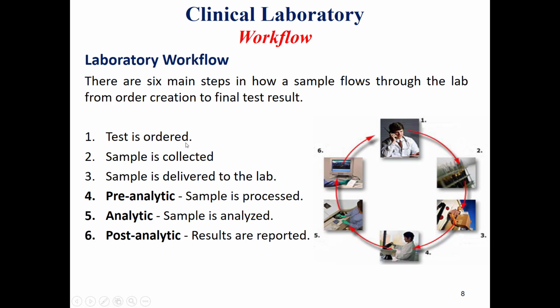All these steps are prior to the workflow inside the clinical laboratory, which consists of the pre-analytic, analytic, and post-analytic phases. In the pre-analytic phase, the sample will be processed. In the analytic phase, the sample is analyzed, and in the post-analytic phase, results will be reported.